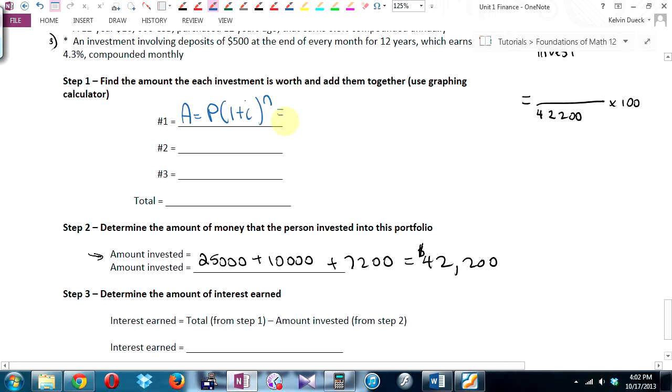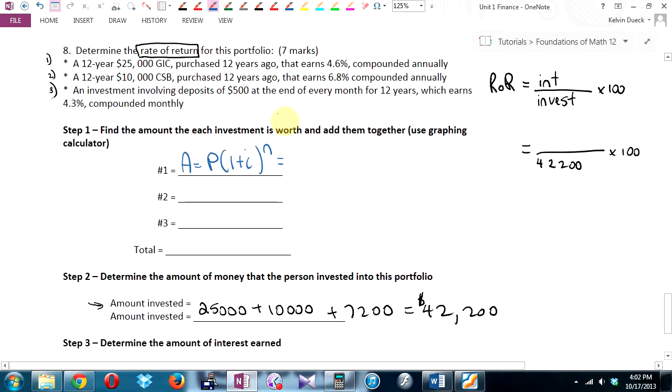I can use that because you said there weren't payments for loan 1, right? What was the principal in loan number 1? 25,000. Do I find the amount that each investment is worth? Well, I'm going to have to sometime along the way. So just bear with me, please. Oh, hang on. Compounded annually, 1, 12.